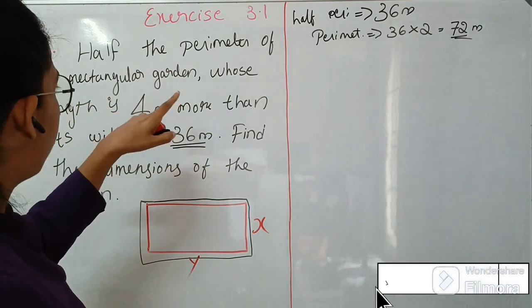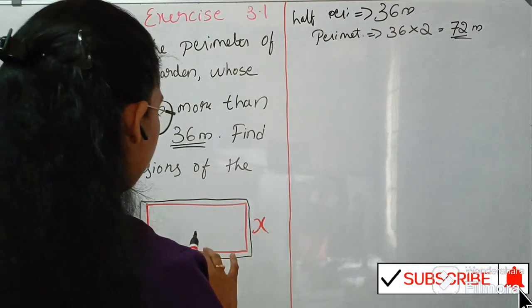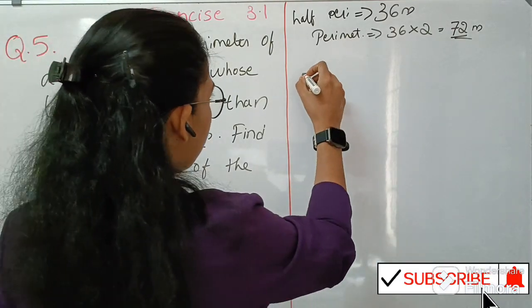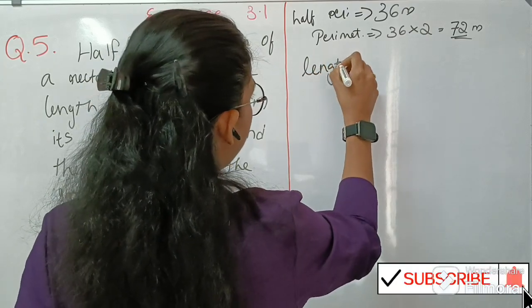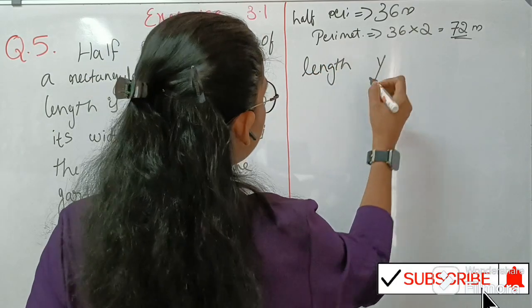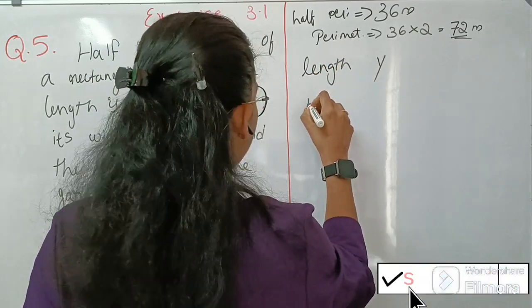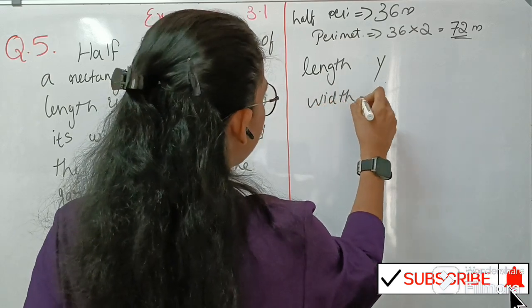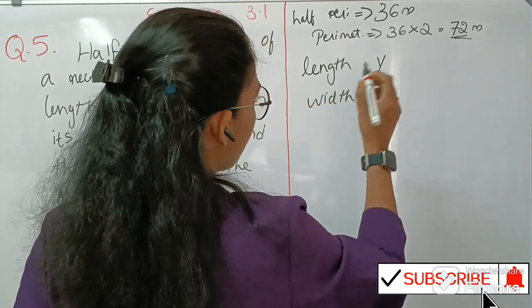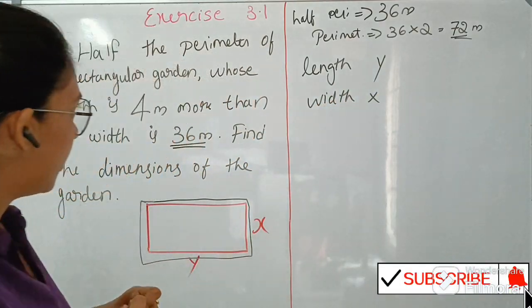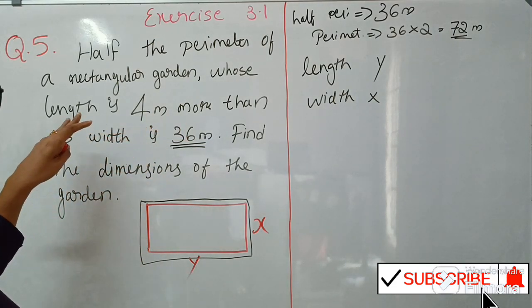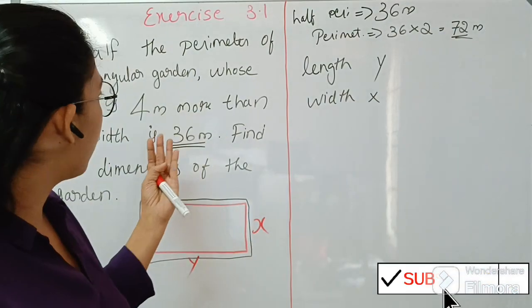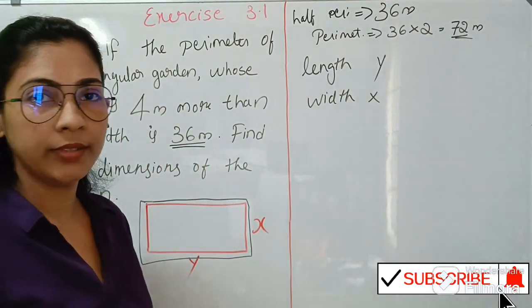That is, a rectangular garden whose length is... and before that, take the length of the garden as letter y and the width of the garden as letter x. Okay, so from the question it is clear that the length is 4 meter more than its width.